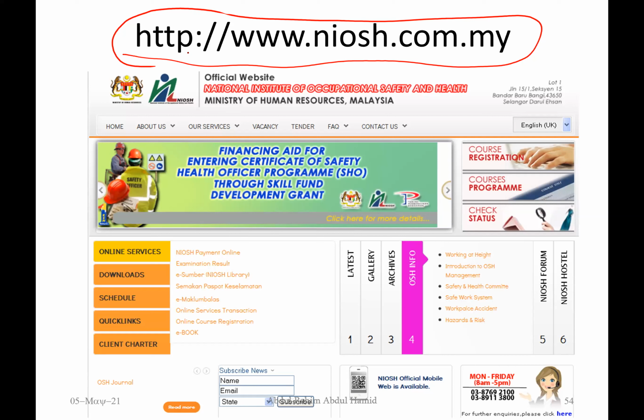The majority of the services are with regard to training. If, for instance, you want to get more knowledge about safety and health officer, this is the place where you can go to take the certified courses, take exam, etc.